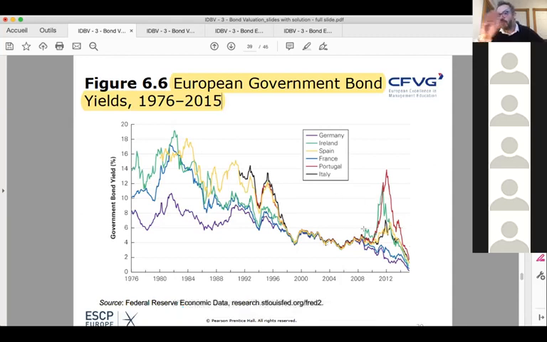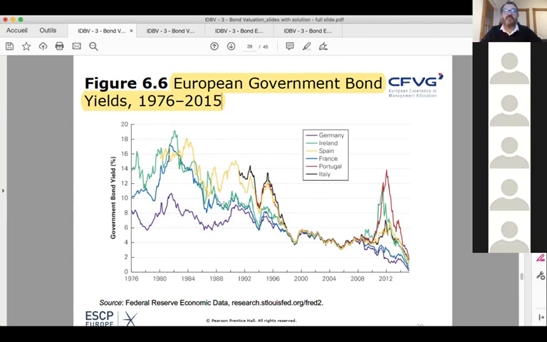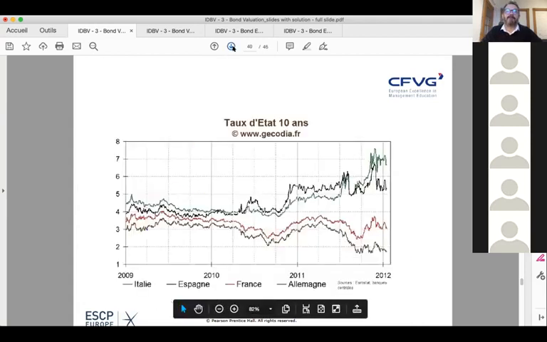So globally, all what we call the Mediterranean countries and Ireland. Greece is not there, and we could see that France and Germany were doing quite okay, and that the central banks have been decreasing the central bank rate to be able to have an influence on the rate.